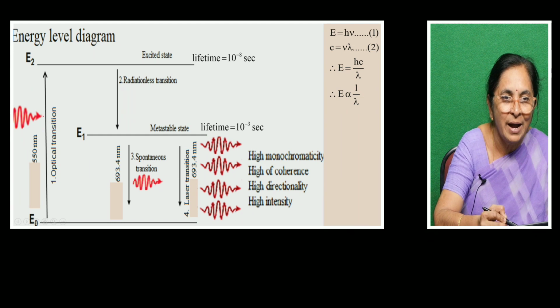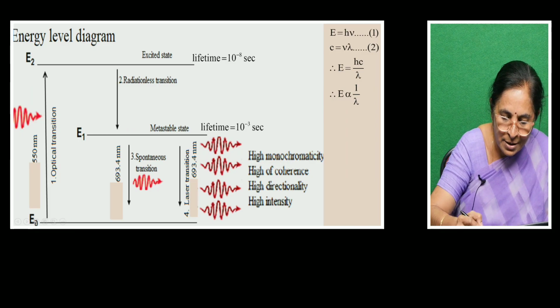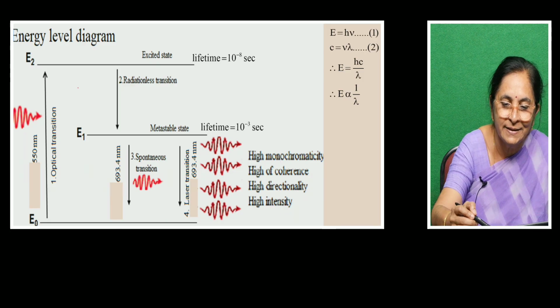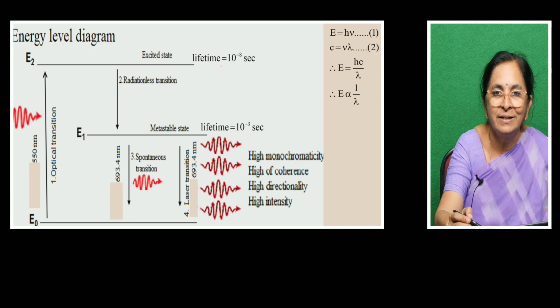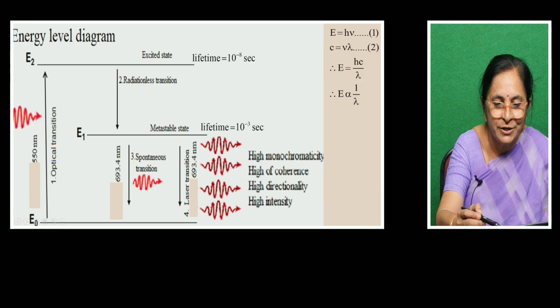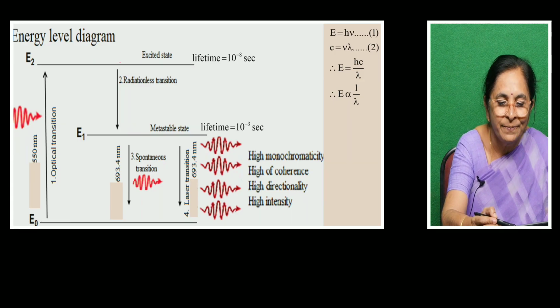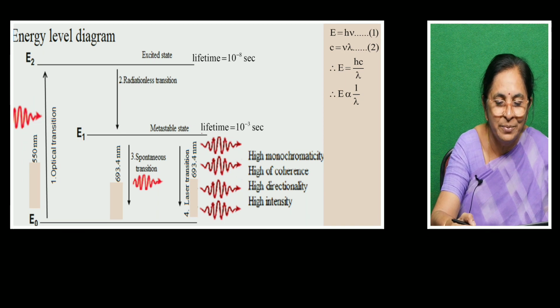So chromium ions, Cr3+ ions, get transferred from the ground state to this excited state, where the lifespan of the chromium ions in this state is 10 power minus 8 seconds. When that time gets over, chromium ions lose a certain part of energy to the apparatus and they jump back to the level E1, which is called metastable state.